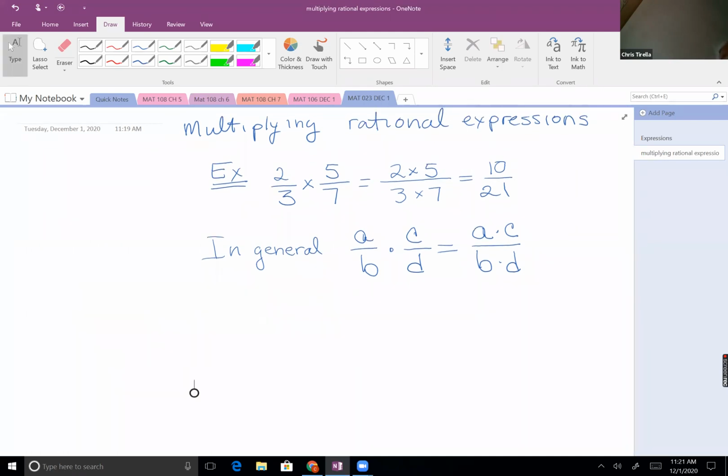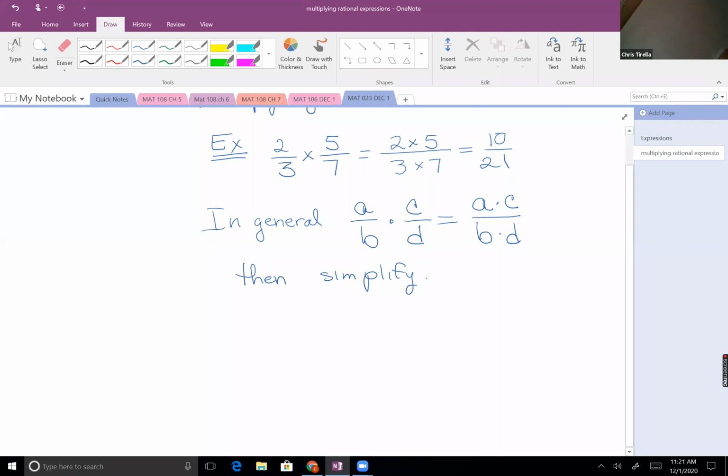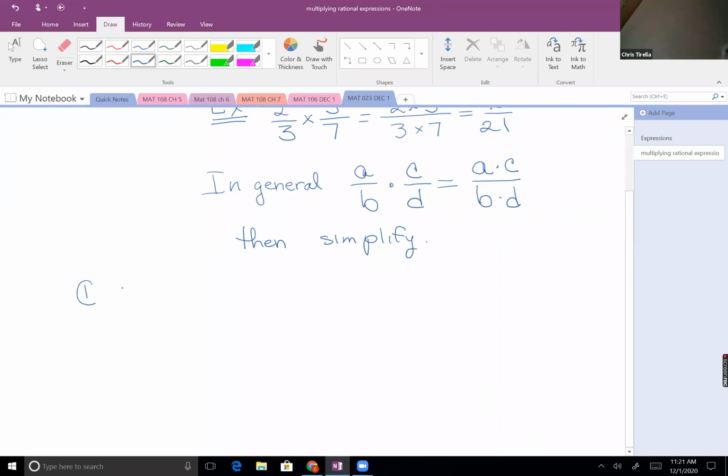But then we have to simplify. And we're going to find that with these rational expressions, if we start simplifying at the beginning, it makes our lives easier. So with these, the first thing that I want to do is factor each numerator and denominator completely.